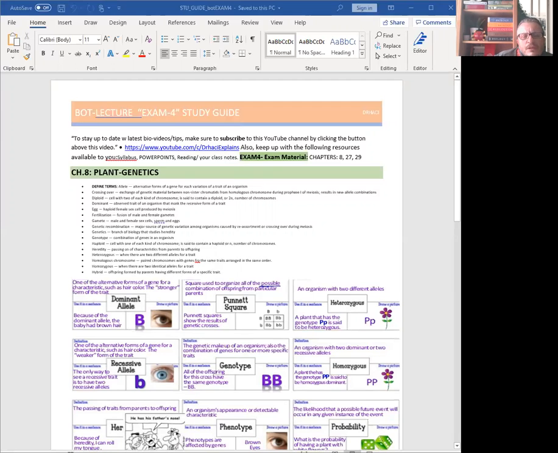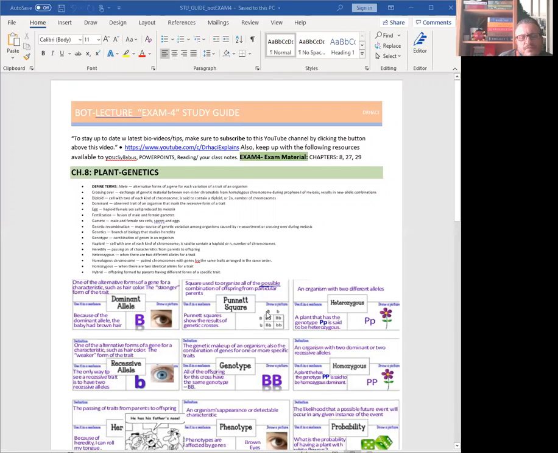Dominant could be completely dominant, like in eye colors we see, maybe brown eye color, versus a recessive, like a blue eye color. In a situation like incomplete dominance, like in snapdragons, or co-dominance, like we see in AB blood types.